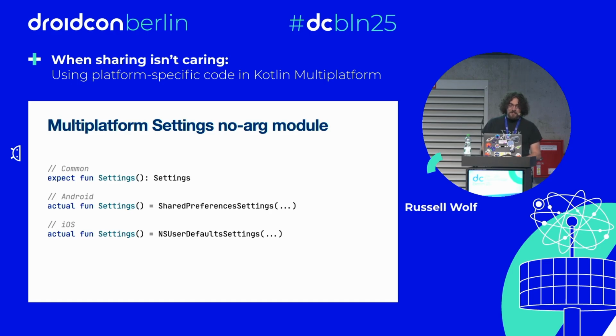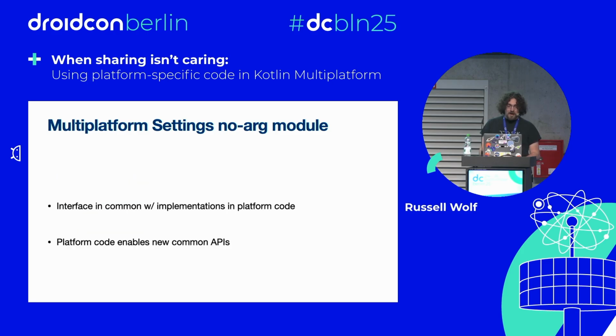There's a common pattern here that I've used in a lot of application code as well, where you have an interface in common with different platform implementations, and then an expect function to give it a default. It gives you that balance: if you need the configurable, you have it, but if you don't, you can just call some common API.